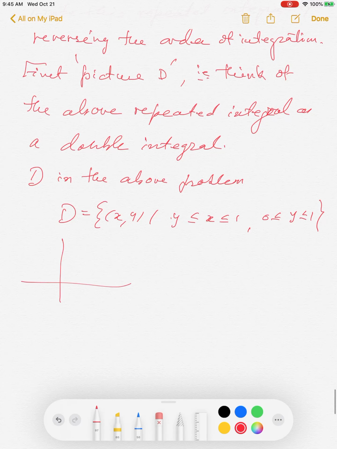So once you write down this description of D, then you see the line y equal to x is the angle bisector. The region y less than x is the region above, isn't it? You can just take a point here, and this is point 0, 1. This is not the region above, probably it's the region, x has to be bigger, so it's the region below.